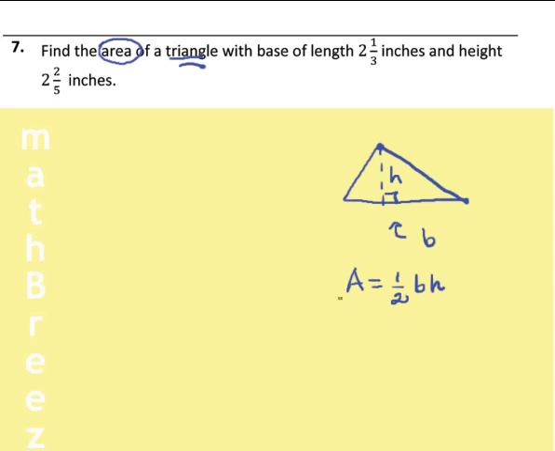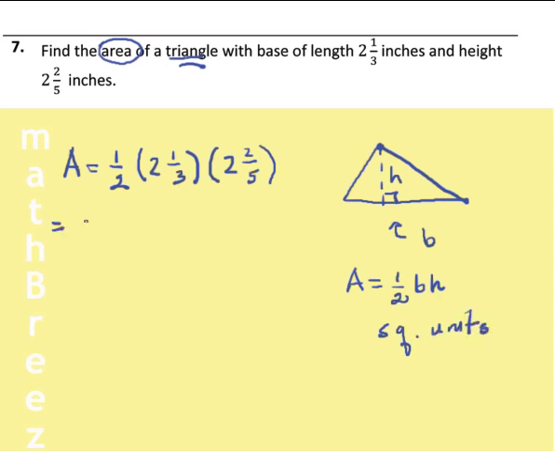All right, so that's our formula for the area of a triangle. So in our case, the area is equal to 1/2. The base is 2 1/3. And the height is 2 2/5. And it's going to be, again, square units.